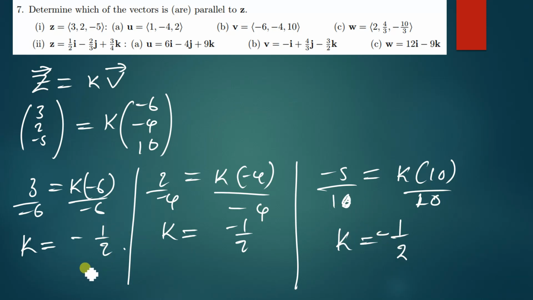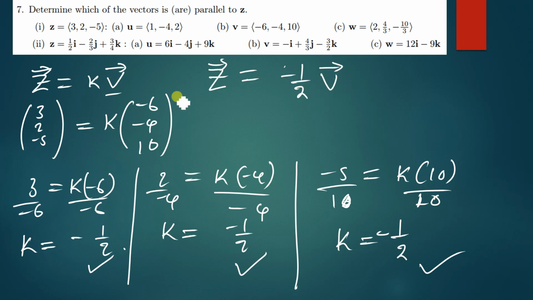So the first K is equal to the second K, it's also equal to the third K, which implies that the given vector Z is parallel to V. We know that Z is equal to -1/2 V. These two vectors are parallel because we have found the values of K to be the same.